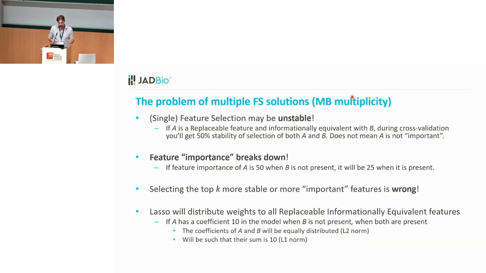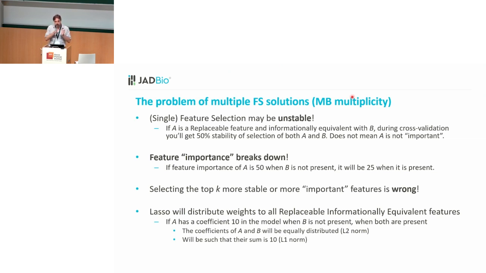All right, so now we can explain some interesting phenomena here, like instability in feature selection. So you do your cross-validation, and let's say you have A being informationally equivalent with B. So what are you going to find? You're going to find that sometimes A is selected, sometimes B is selected, all right? Or you do your feature importance using random forest, very common, very wrong. Because let's say you have an importance of 50 when you just have A, but now you have informational equivalence and multiple solutions.